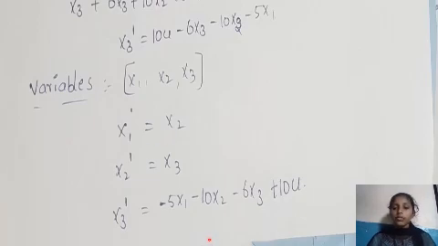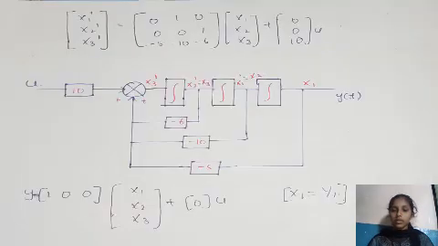Next step, we write the variables x1 dash, x2 dash, x3 dash in matrix form. So in the first row, x1 is 0, x2 is 1, x3 is 0. In the second row, x1 is 0, x2 is 0, x3 is 1. In the third row, x1 is minus 5, x2 is minus 10, and x3 is minus 6. Next slide.